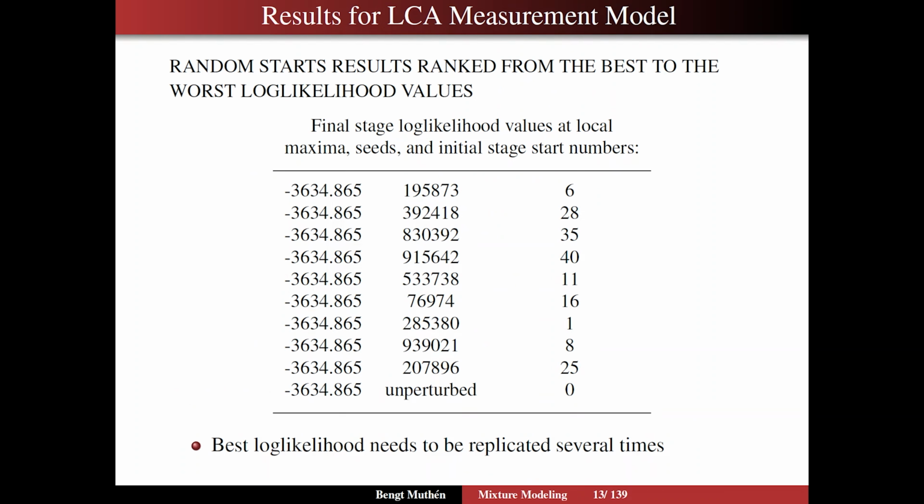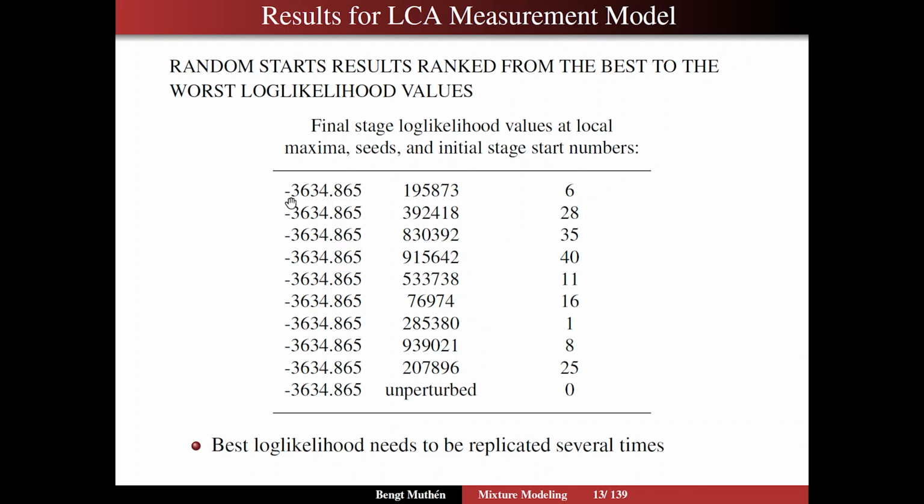On slide 13, you have the output of Mplus showing the results of these random starts, ranked from best to worst log likelihood values. So you have 10 of these here corresponding to the last 10 full iterations that we make. And you see that they're all the same.